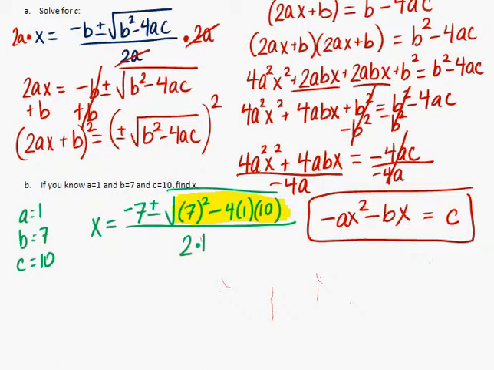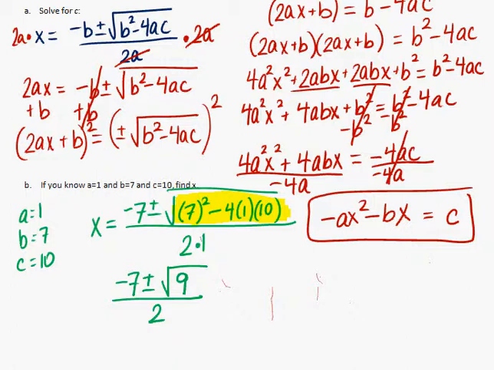So 49 minus 40 is 9. So what I'm going to do is recopy all of this, negative 7 plus or minus the square root, but here now I know that this expression simplifies to 9, all over 2 times 1, which simplifies to 2. Now I have a pretty organized expression that I can evaluate.